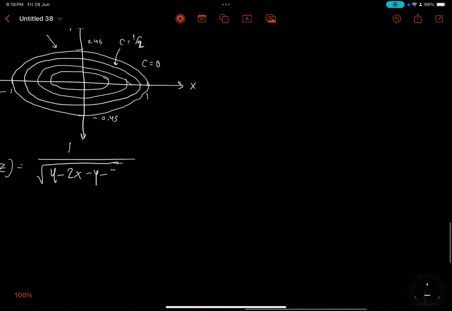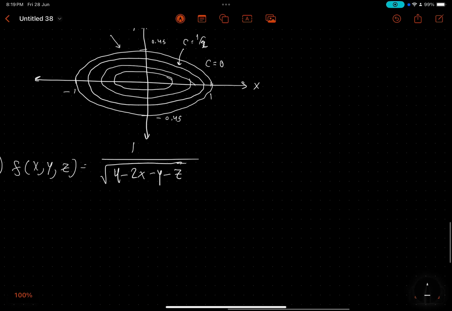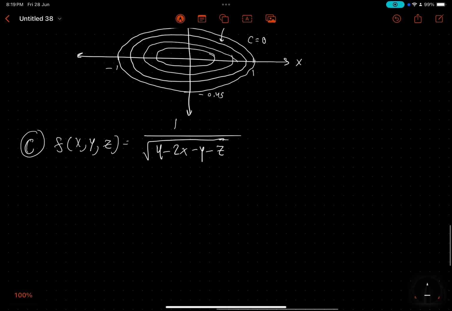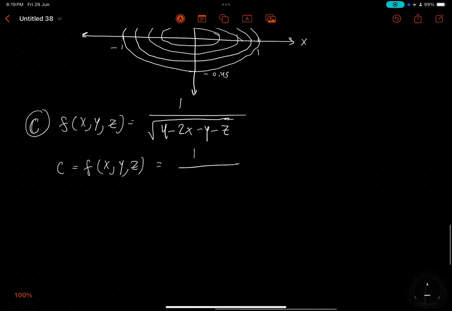This is our function. Now we're going to let c equal f of x, y, z, and we're going to try to substitute some values here.